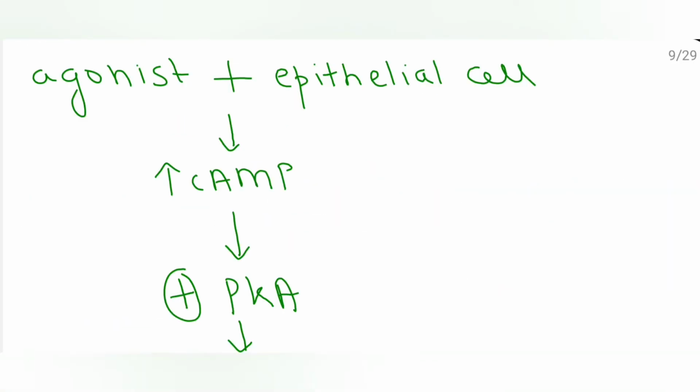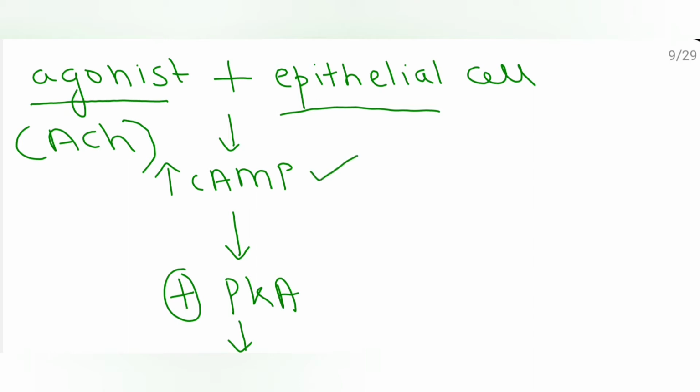Now what happens? An agonist, let's say acetylcholine, comes and binds to the epithelial cell of the respiratory tract or GI tract or whatever epithelial cell. So what happens? There is an increase in cyclic AMP, which will activate protein kinase A. We know that protein kinase A is present in the regulator domain.